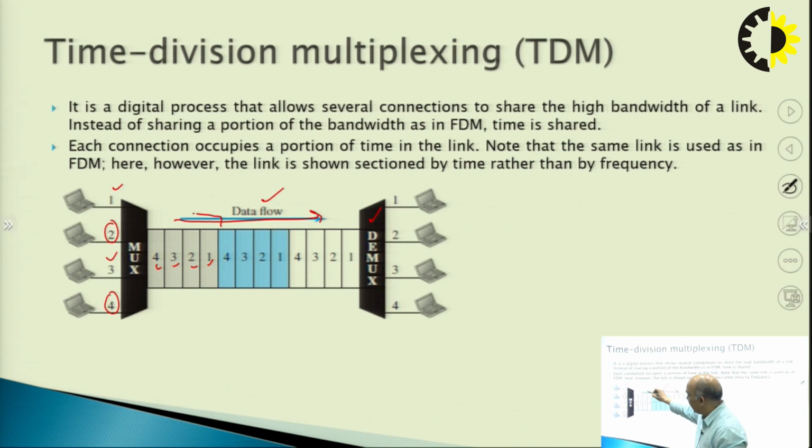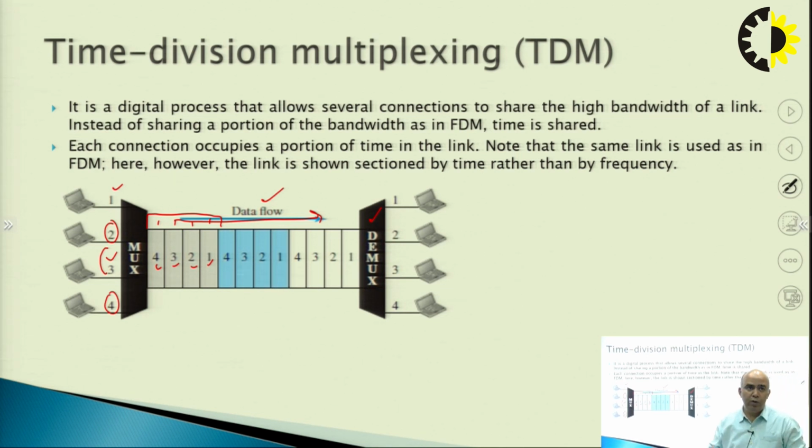Let's suppose this is the time frame allocated, say 1 second each. For 1 second, one user will send the data, then the second, then 3, 4, and so on. If they are still not ready to send data, they still have to send some data over the transmission medium. That is the wastage of bandwidth in TDM.